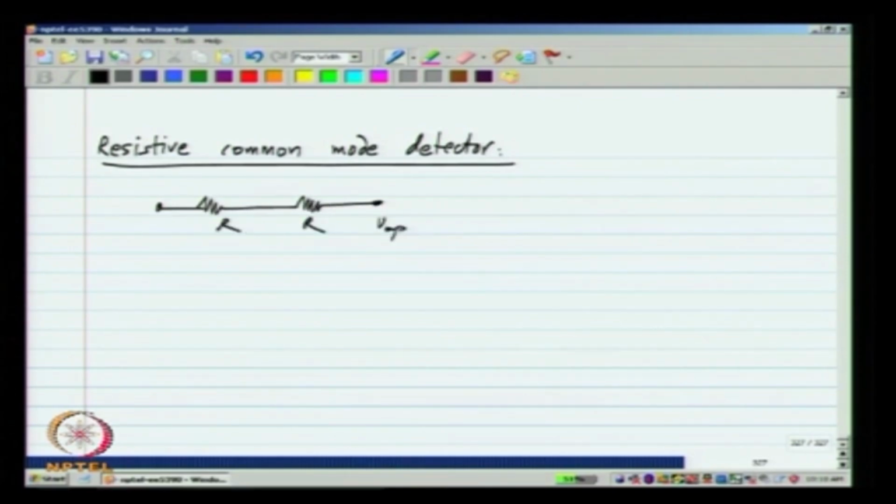If you have VOP and VOM, here we get (VOP plus VOM) by 2, and first of all, because we use resistors, it is linear even for large swings of VOP and VOM, and also its range is not limited.